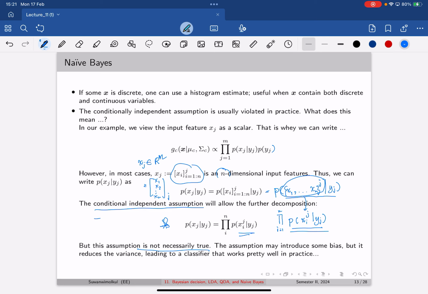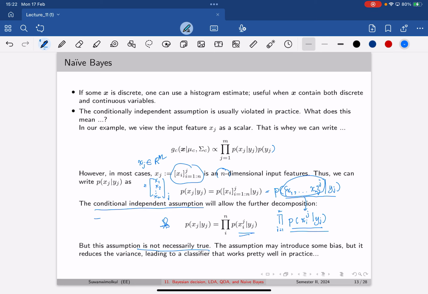When you use this assumption, are you taking the average or something like that? Sorry? Are you using the average, or do you have different x from xi to xj, with respect to label y? Yes, you're taking the average of it, and you decompose the... Not sure what you mean by average.